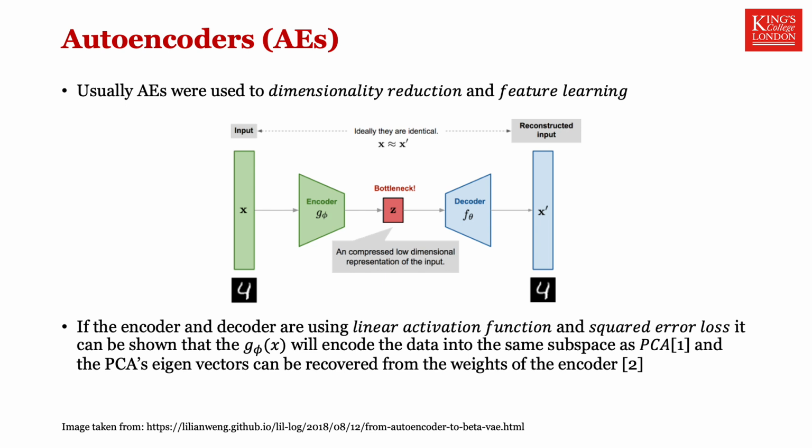Pass the data through a bottleneck Z, which is smaller than X because we're looking at under-complete autoencoders. Then take that representation in the latent space Z, pass it through a series of standard neural network functions, and try to reconstruct the same data. What you want is for the reconstructed input to look the same as the input itself.